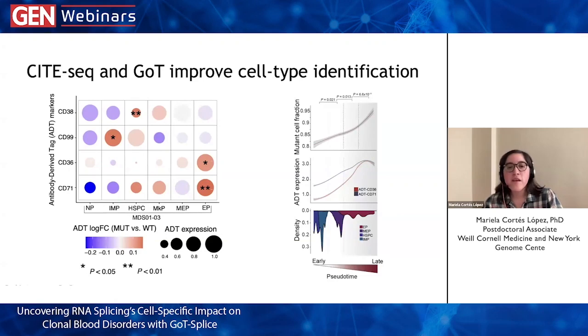And interestingly, combining this with the genotyping gave us a view of certain markers that seem to be slightly more specific for the mutant cells. And moreover, the presence of these markers also seems to correlate with the differentiation trajectory, with some of the particular markers for the erythroid progenitors appearing later on the trajectory.